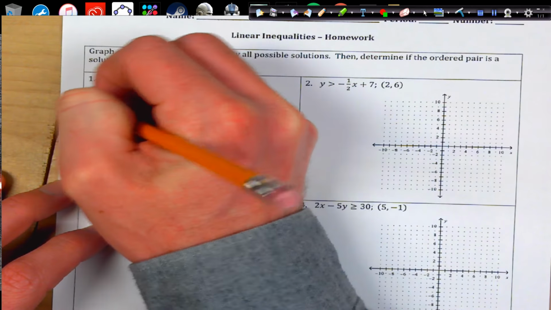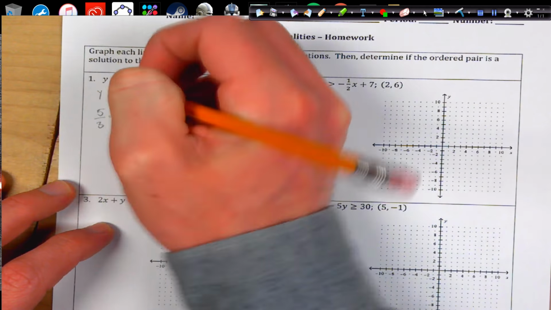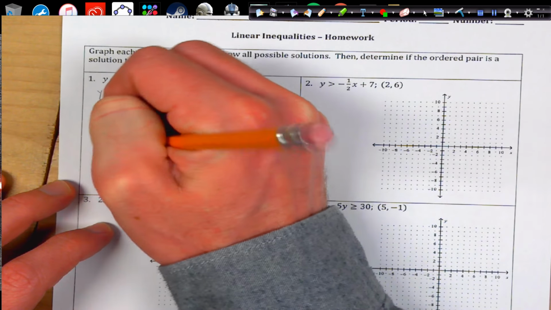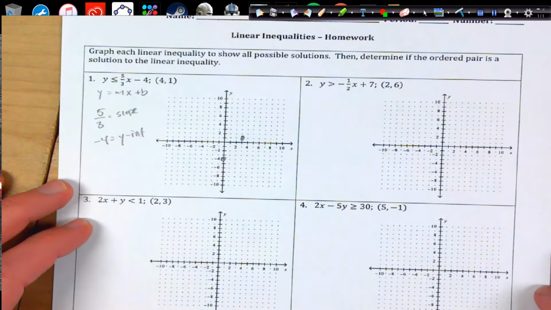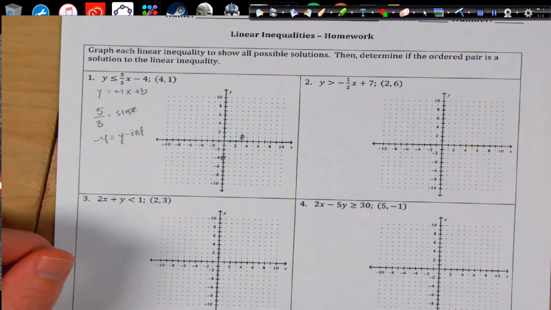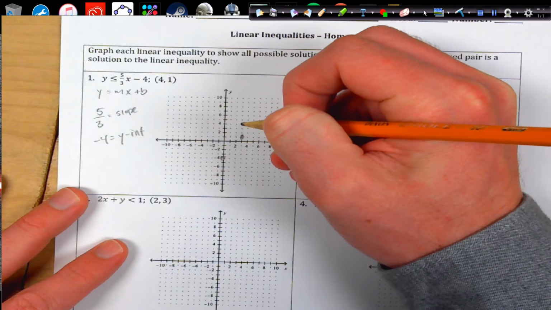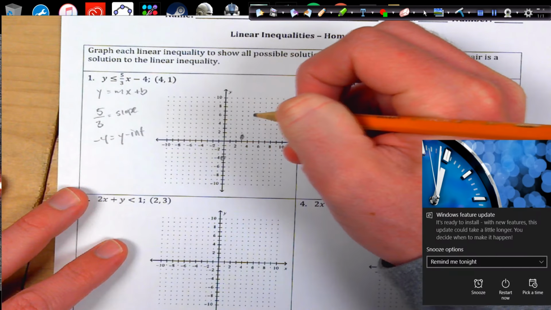Again, 5 over 3 is our slope, and -4 was our y-intercept. First we need to get it in this form, and then we can graph it.